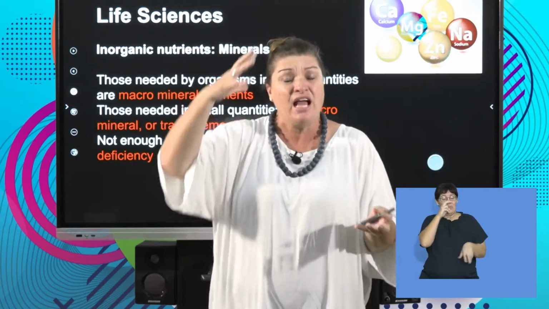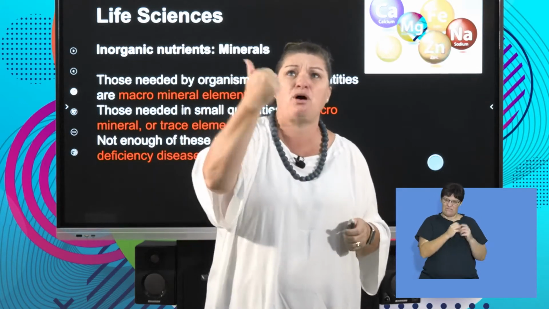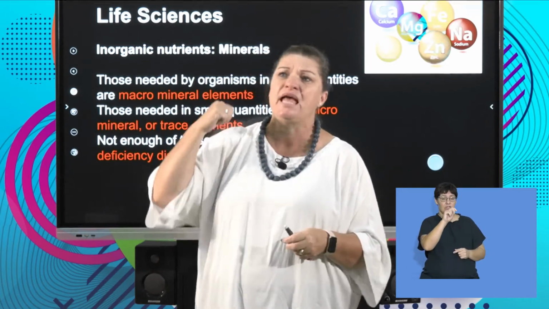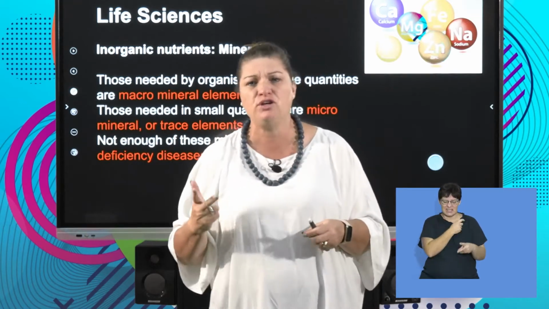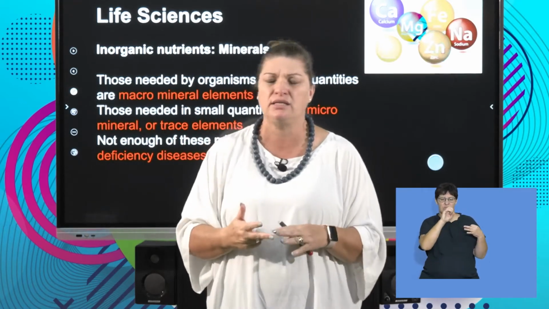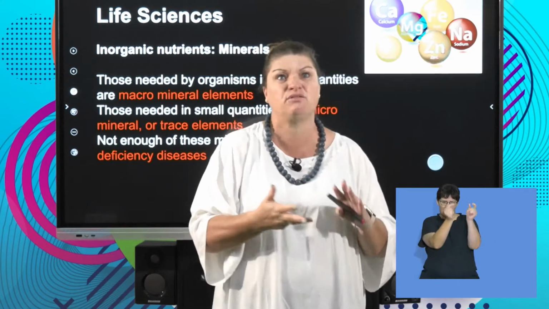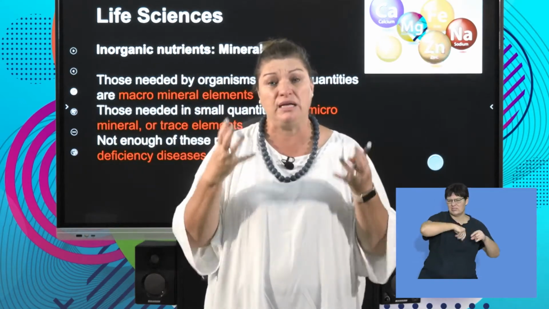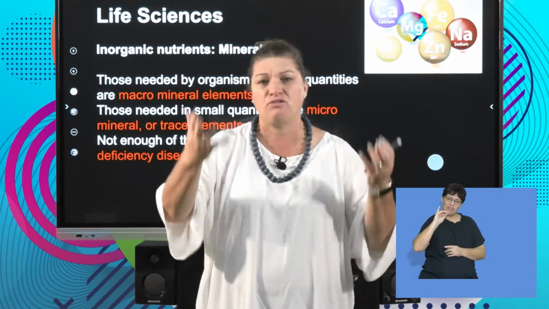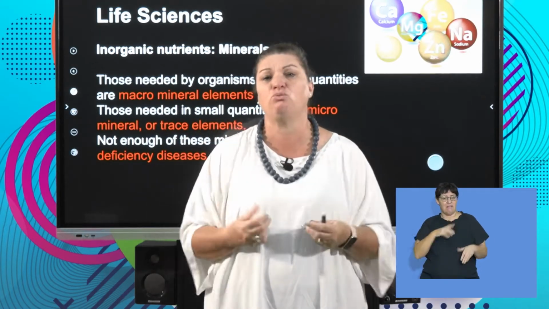We needed them in large amounts. So, for example, nitrogen was one of them. Calcium for our bones and our teeth. We looked at phosphorus to help with our cell membranes, so phosphates and phosphorus. We looked at sodium, salt, all of those that we need on a daily basis for our body to be healthy and to work properly.